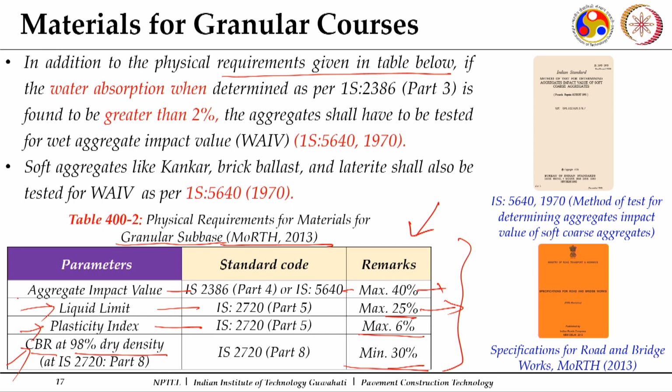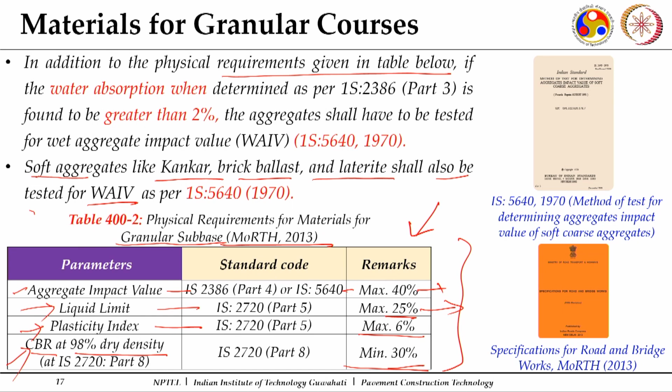It makes use of aggregate impact value, and it says that soft aggregates like concrete, brick, ballast and laterite shall also be tested for wet aggregate impact value. What is the wet aggregate impact value? Certain aggregates become significantly weak in the presence of water. They may perform well when tested in dry condition, but not under wet condition.